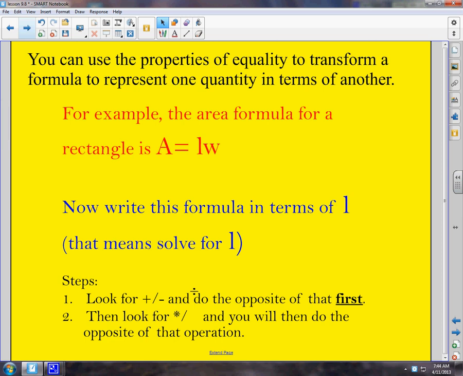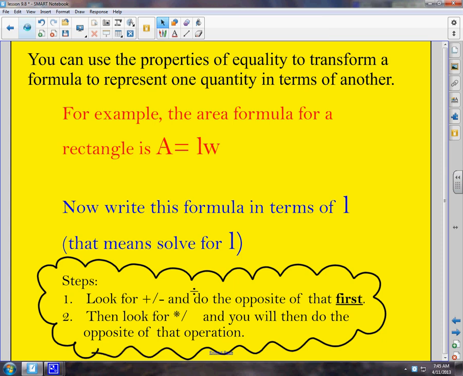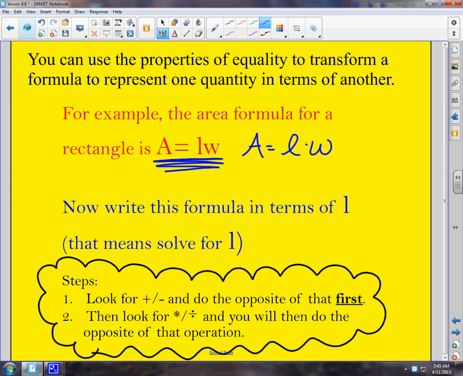So, what I want you to copy down are these steps right here. Step 1, look for an addition or subtraction sign and do the opposite of that first. So remember, in an equation, we're always going to look for an addition or subtraction sign. If you look at this equation, area equals length times width, it's like if we have a rectangle, and this is 10 and this is 8.